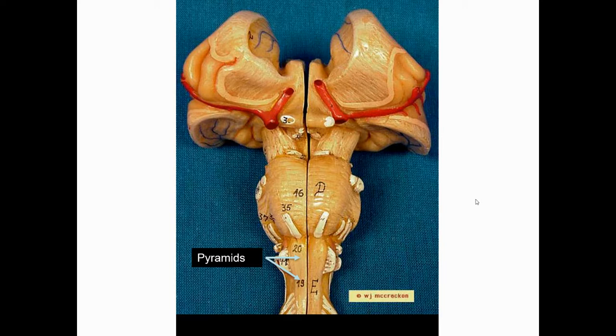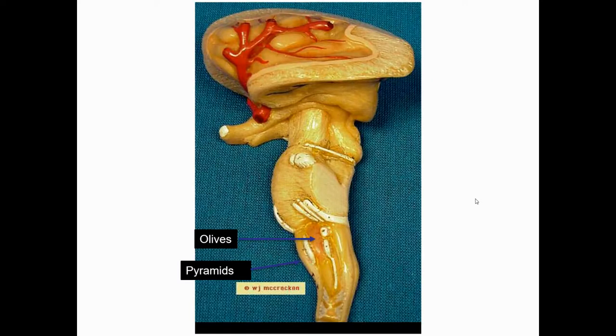These carry the pyramidal tracts. If you look from the side, you can still see the pyramids, not quite as well, but now you can see the olives, and the olives are where the second order neurons begin. And so there's cell bodies here. So this is gray matter.